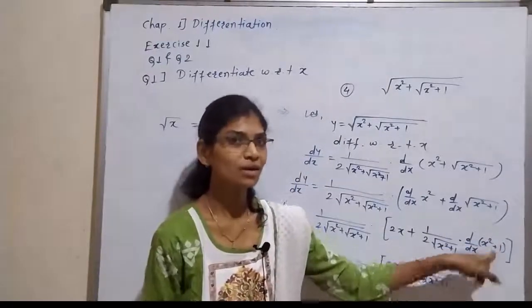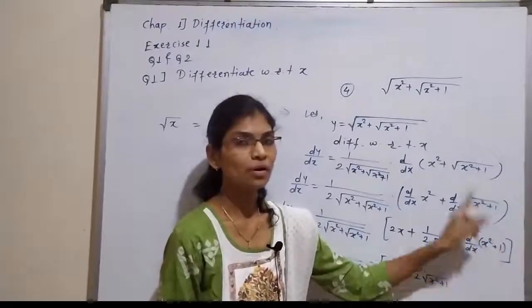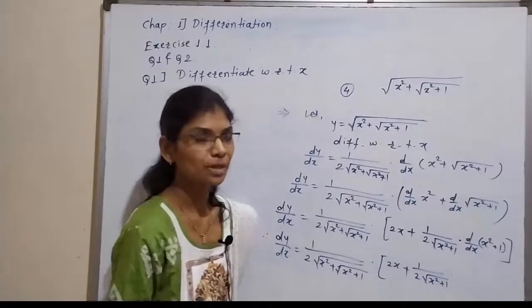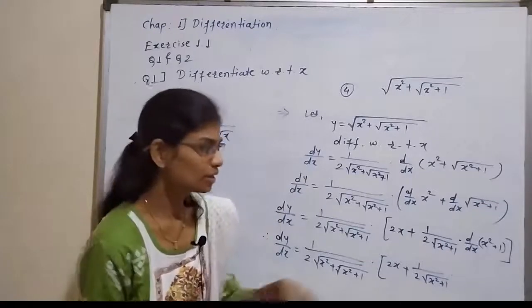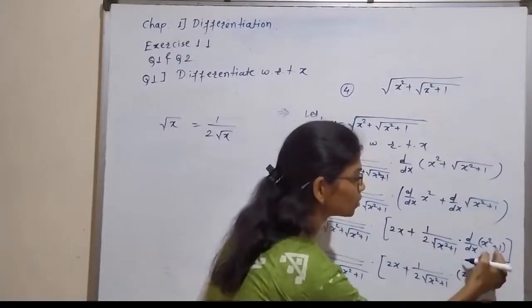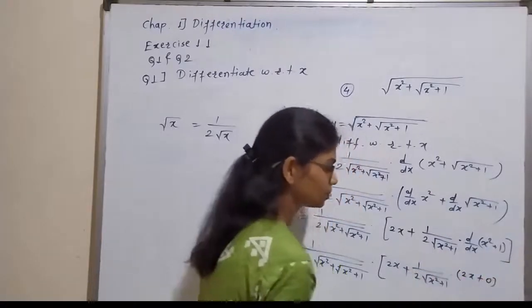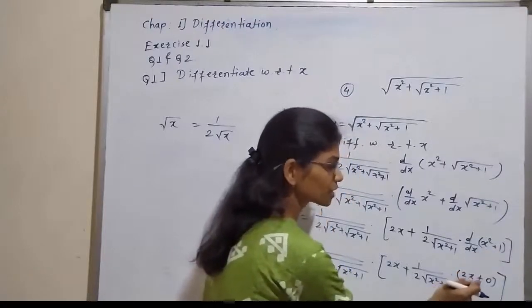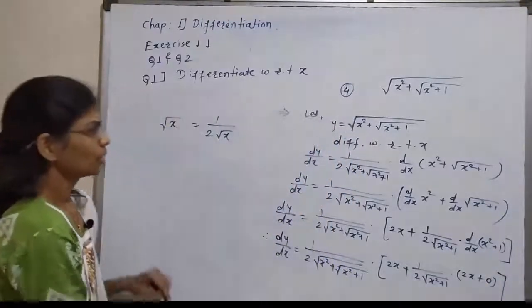Here we know that we have to use the formula for the derivative of x raised to n. Index in the form of a multiplication and the index less by 1. So the derivative of x raised to 2 is 2x, plus the derivative of 1 is 0. That is the derivative of x square plus 1, that is 2x plus 0.